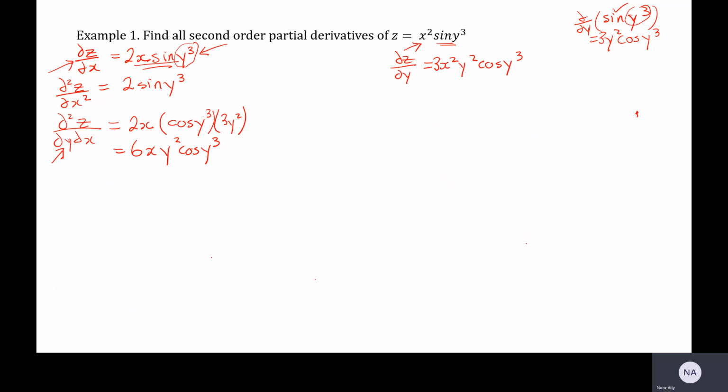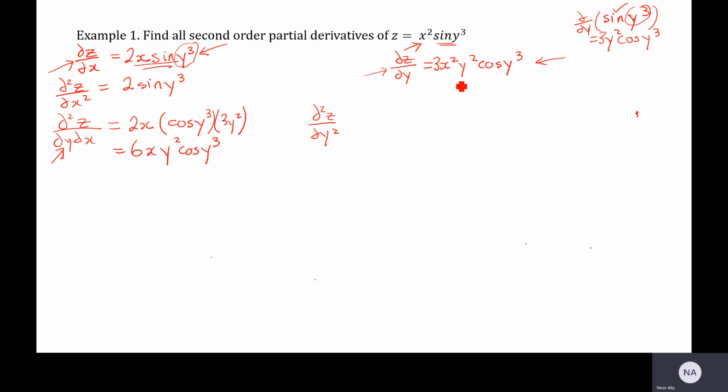Now, let's have a look at our second order partial derivative with respect to y, and watch this one very carefully. So if I want to find d2z dy squared, I must look at this answer and differentiate this partially with respect to y.